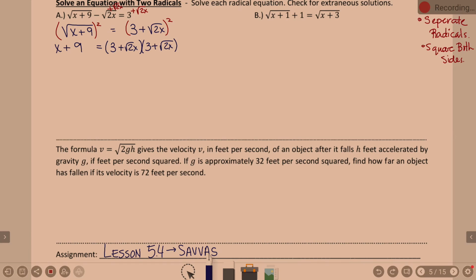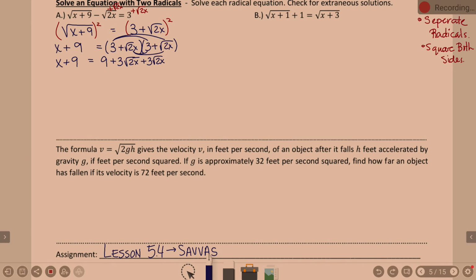So, I've got my x plus 9 on the left. On the right, I'm FOILing. 3 times 3 is 9. 3 times the square root of 2x is 3 square root of 2x. Insides. 3 times the square root of 2x is another 3 square root of 2x.